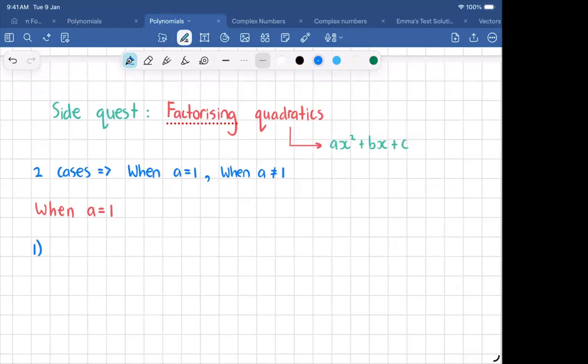Let me just generate one real quick. I want you to factorize x squared plus 5x plus 6. So in this case, Avinash, if we are comparing this to ax squared plus bx plus c, can you tell me what a would be?